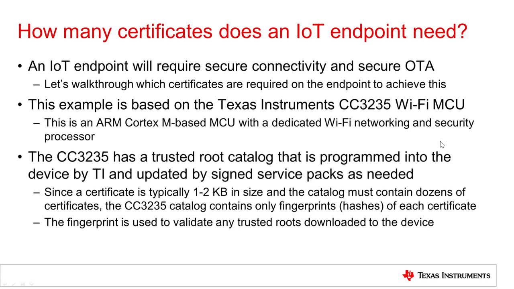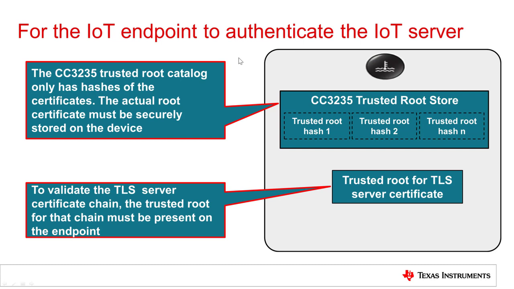This is because the CC3235 is an MCU with limited on-chip memory, and it's not possible to load every full certificate into memory without taking up an inordinate amount of space. When establishing a secure TLS connection, the first action the device will need to do is to authenticate the IoT server. The IoT server will send down its certificate chain.